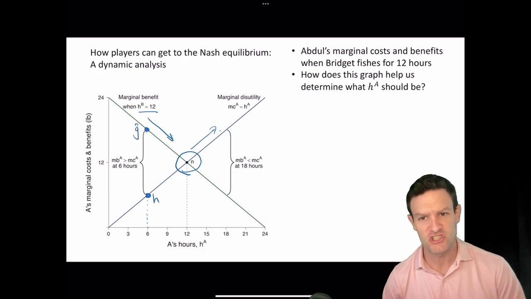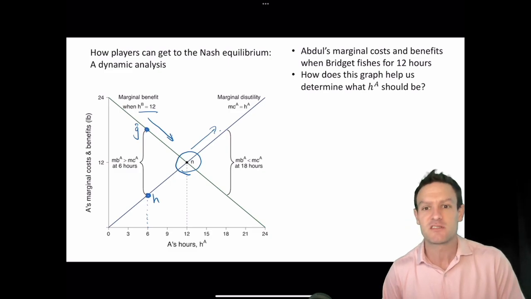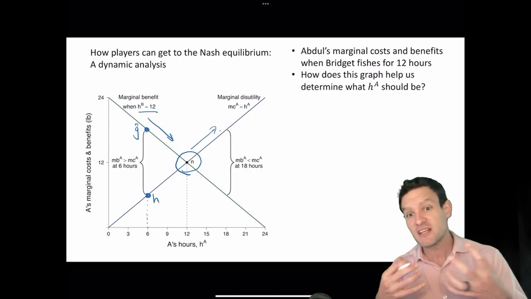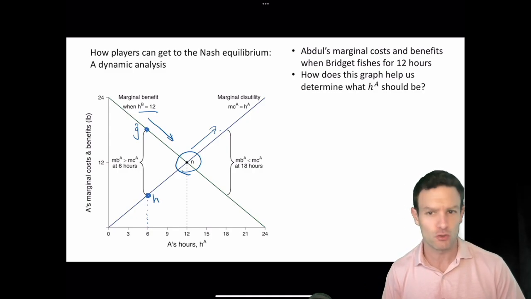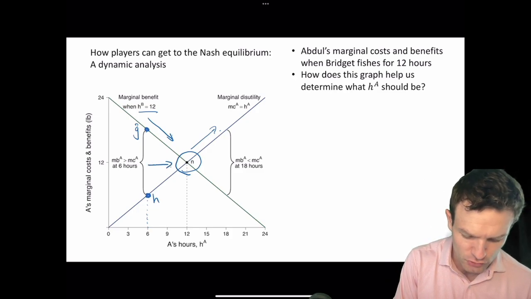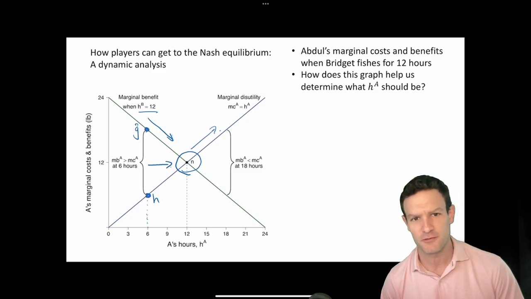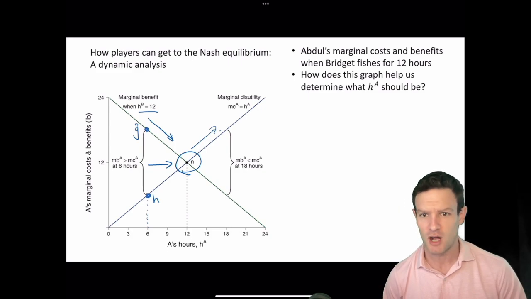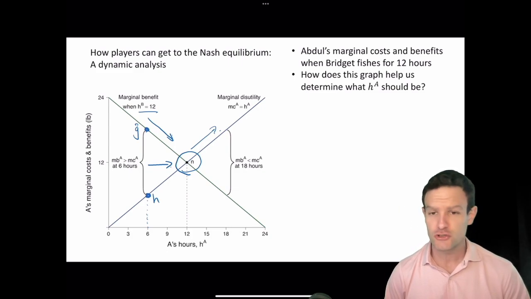If we compare points G and H, at point G we've got a specific level for the marginal benefits, and at point H the corresponding marginal costs. We can see that his marginal benefits are greater than his marginal costs. Because he can identify that his marginal benefits are greater than his marginal costs at 6 hours, he's going to increase the number of hours that he spends fishing until such a point as his marginal benefits equal his marginal costs.